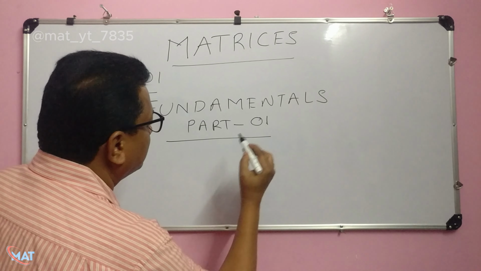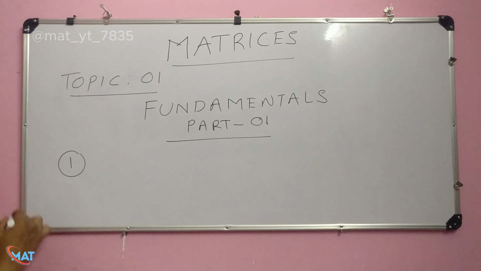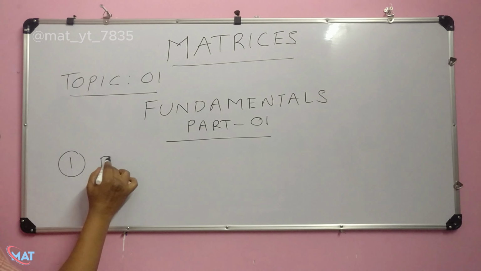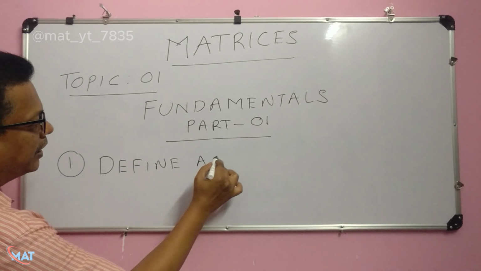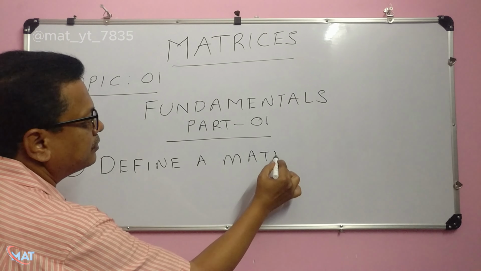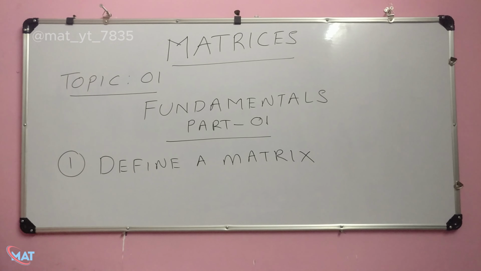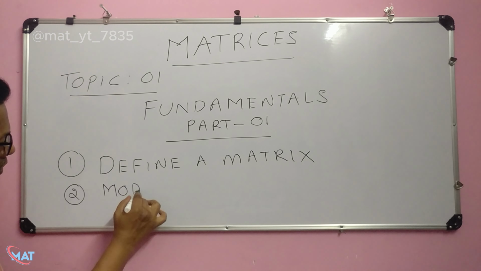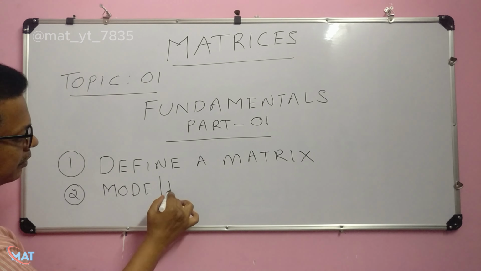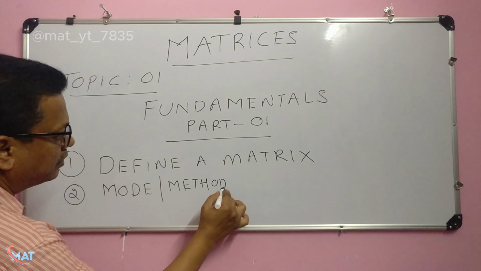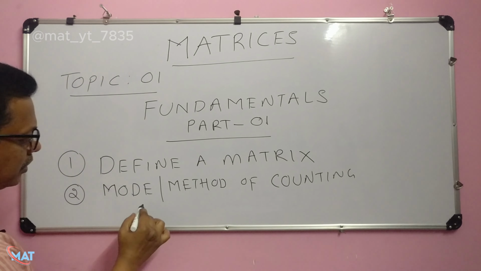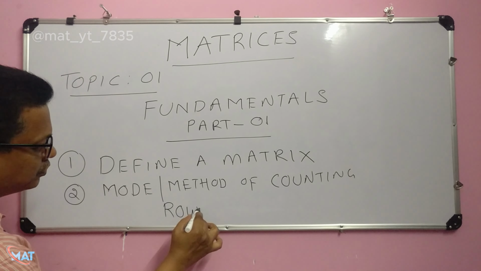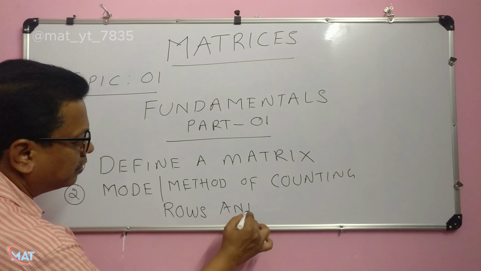Under this part 1, first one, we need to define a matrix. How to define a matrix? Define a matrix. Number 2, mode or method of counting rows and columns.